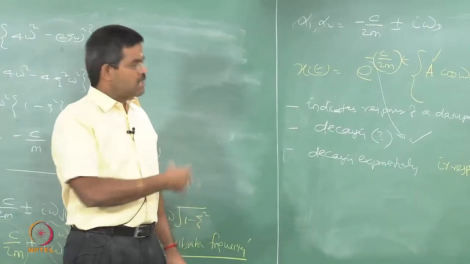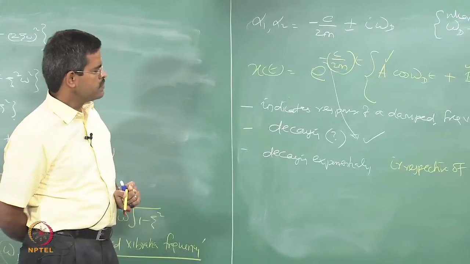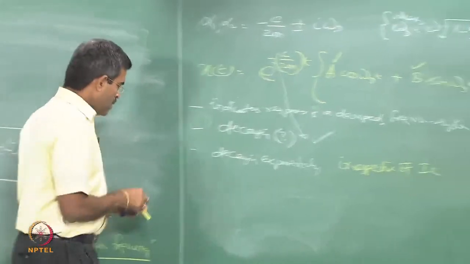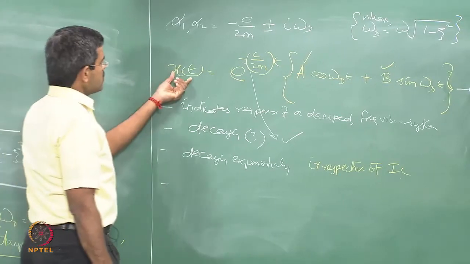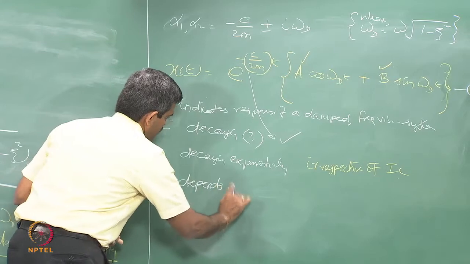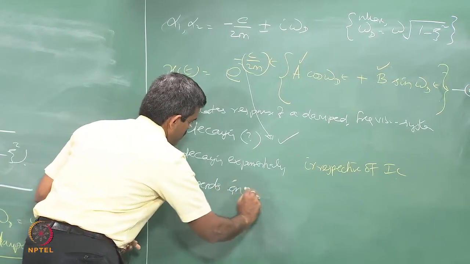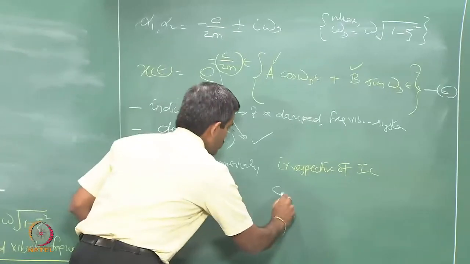How many cycles we will see, but it is going to become 0 because there is a decay. The third observation we have is the response also depends on damping. The amount of damping you give, which is nothing but a ratio.